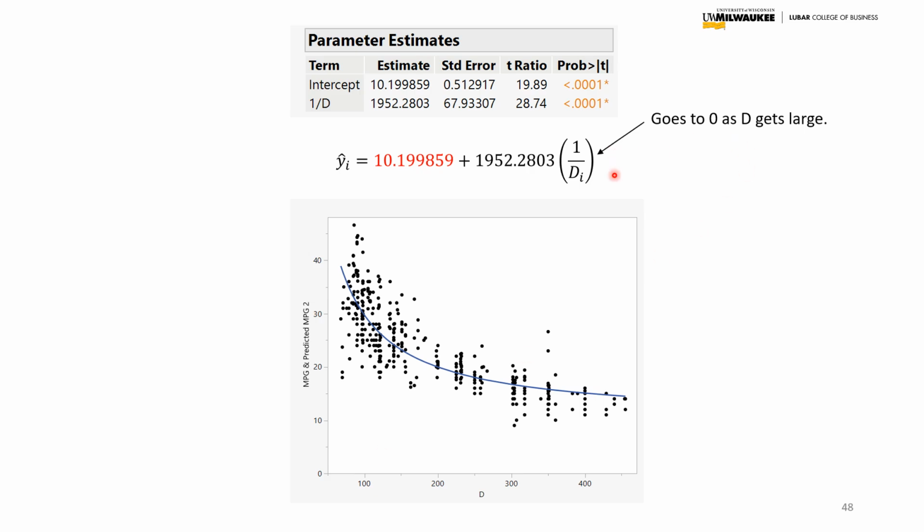Now, again, this 1 over d term will go away when d becomes big, but you're only going to be left with this constant value. That means this curve here will eventually flatten out to a horizontal line at 10.199859. So I've given you some examples of how to fit curvatures of different sorts. Hopefully this is helpful. It's not only fitting the data as best you can, but it's also understanding the context and the nature of the application.